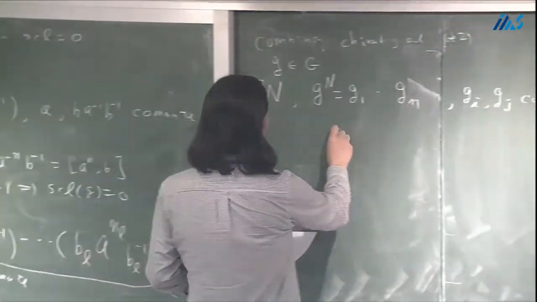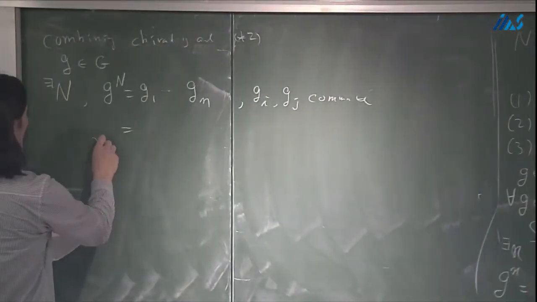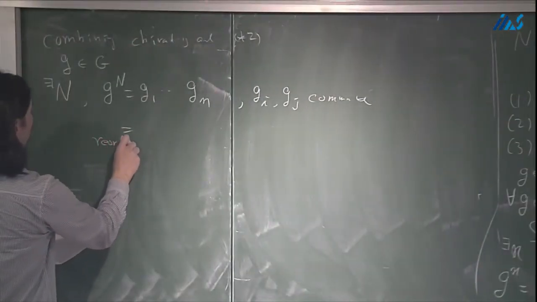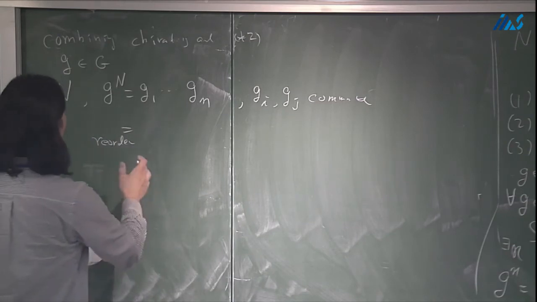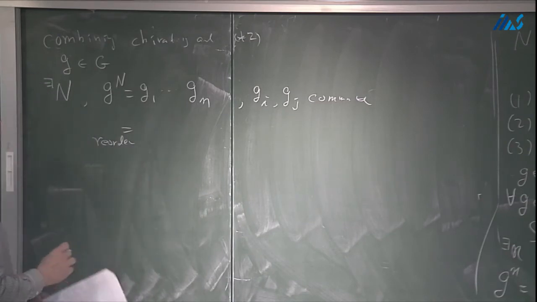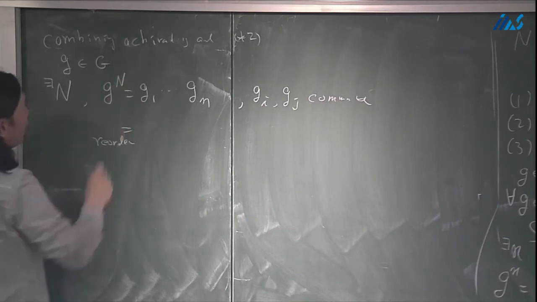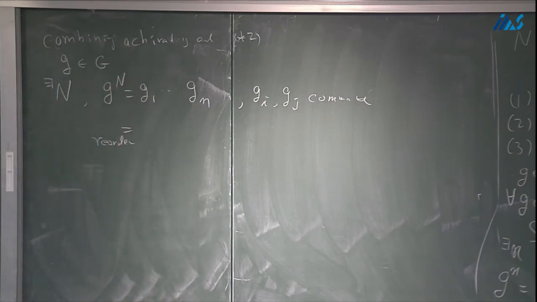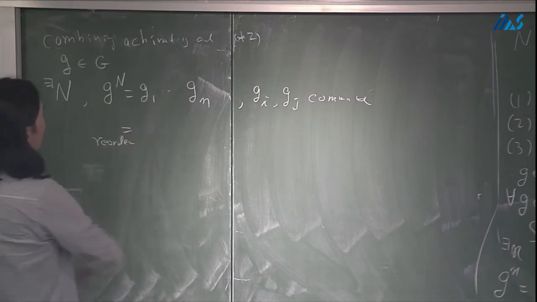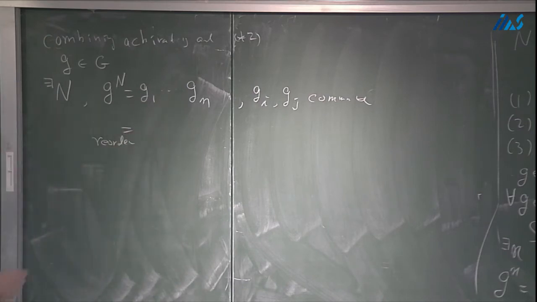And now I reorder G1 to Gn in the following way. First, I look for, combining, achiral. So achiral forces SCL to vanish. Chiral is the other way around. So first I look for achiral elements.